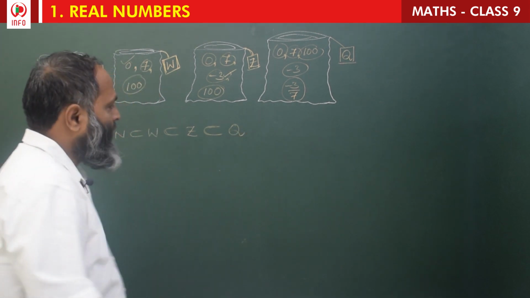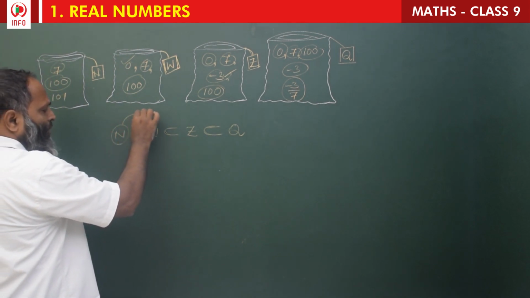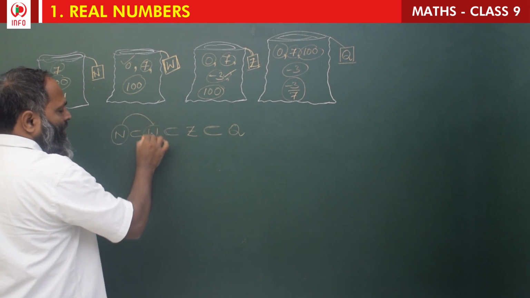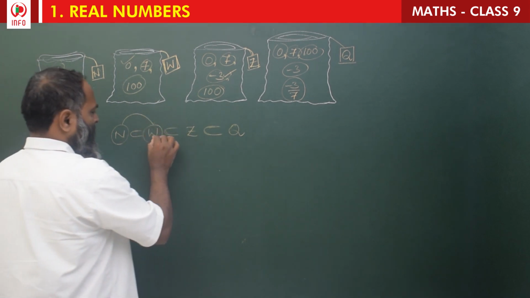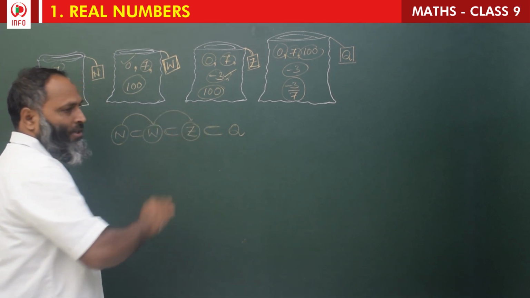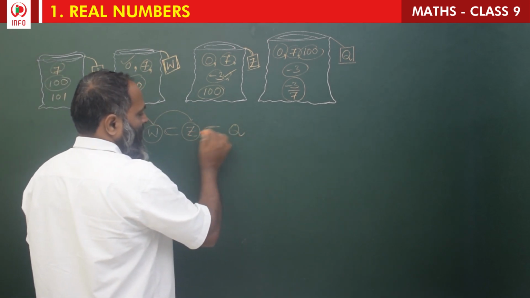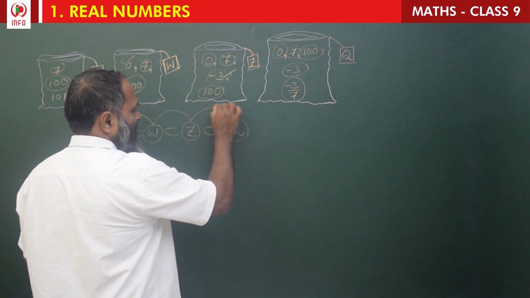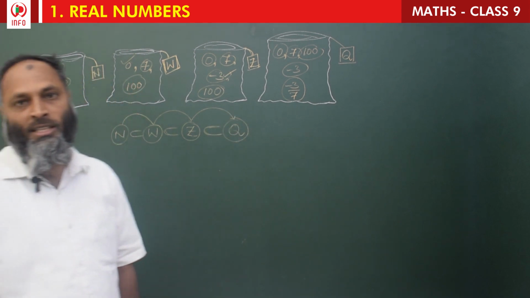Subset means whatever numbers are present in the set of natural numbers, all those numbers should be present in the set of whole numbers. Then whatever numbers are present in the set of whole numbers, all should be present in the set of integers. And whatever numbers are present in the set of integers, all should be present in the set of rational numbers. Then only we can say that it is a subset.